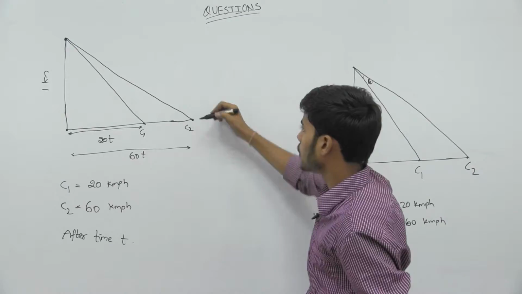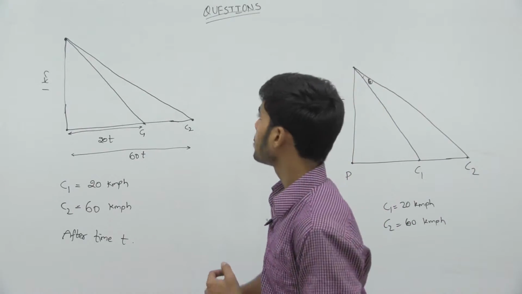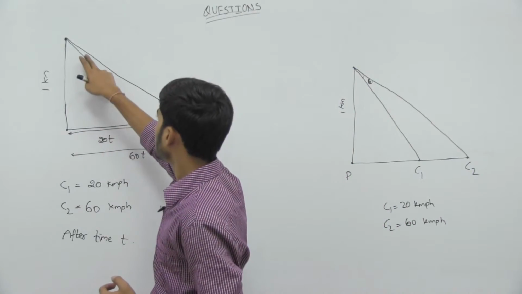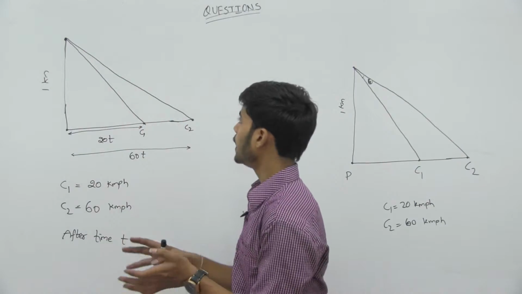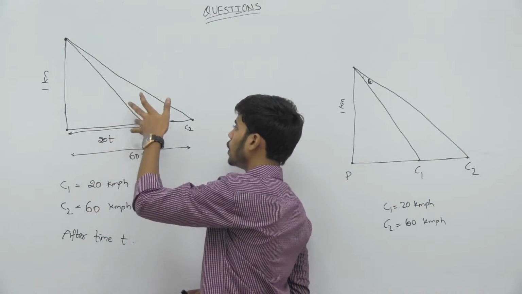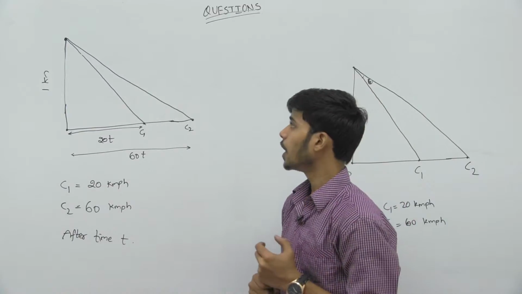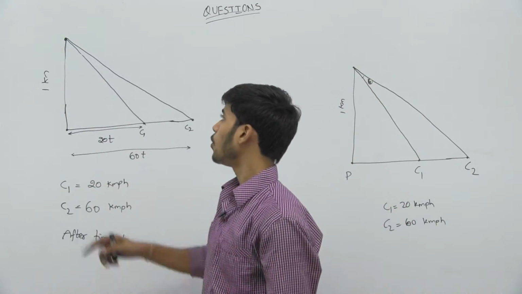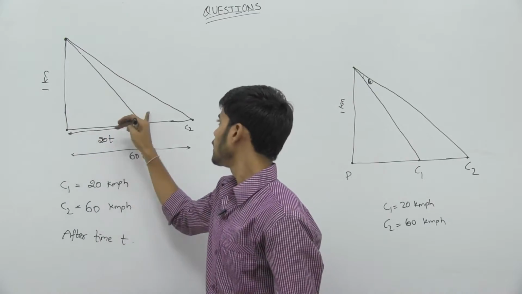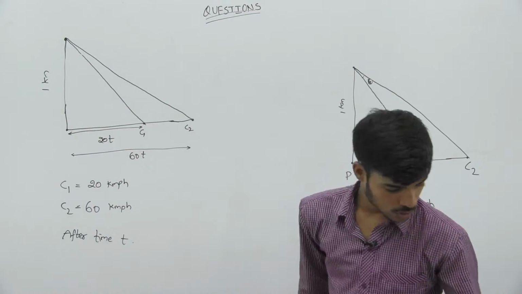Now we have to find the angle between the two cars which the observer observes. So we have to find the maximum value of the angle which can be between the cars.